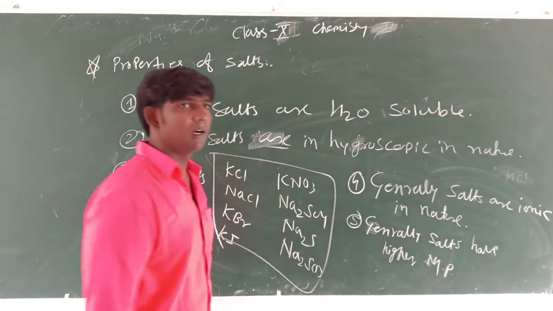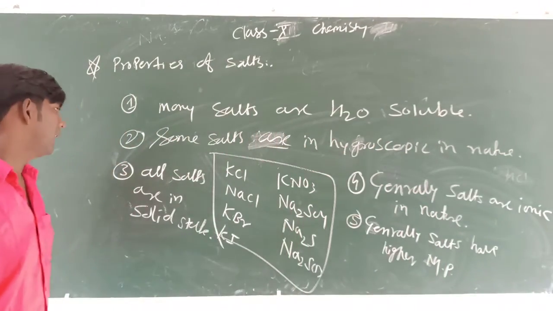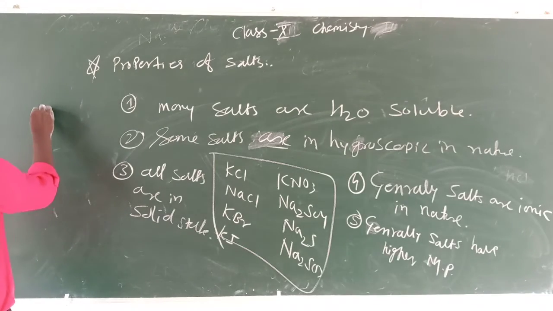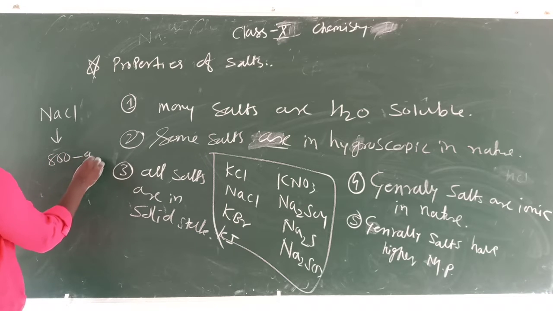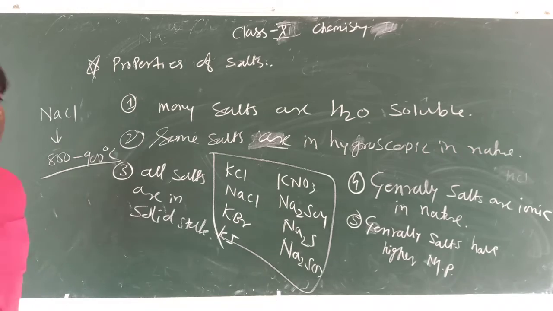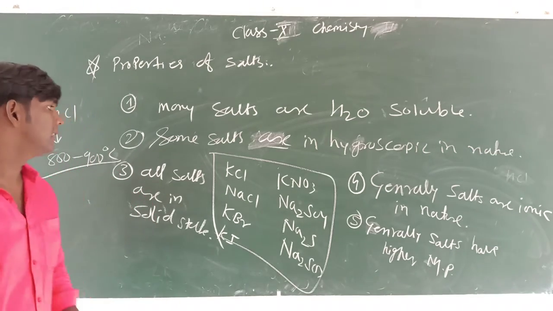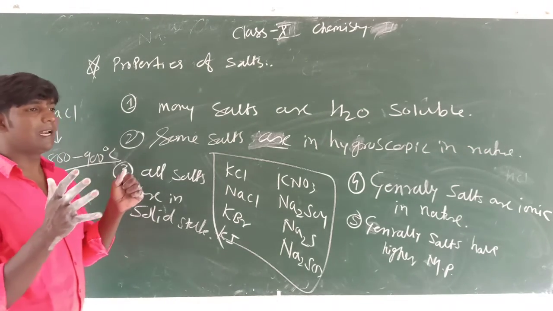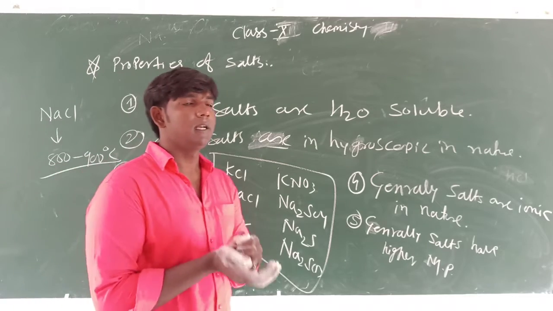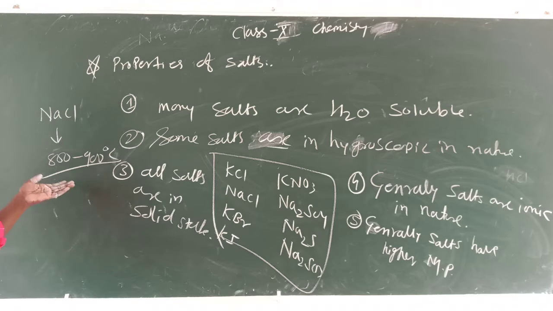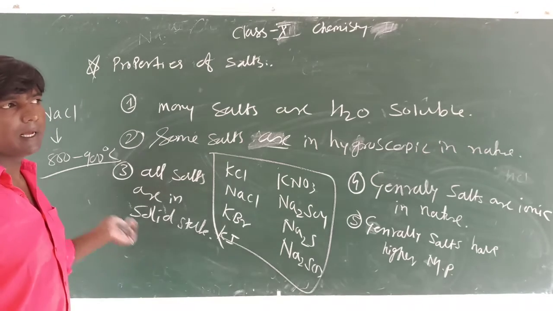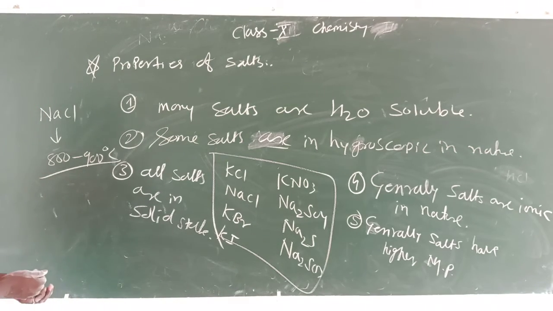Okay, higher melting point, like if I take the example of sodium chloride, it has a melting point of 800 to 900 degrees centigrade. Because they form a strong lattice structure, they have a high melting point and also a higher boiling point.